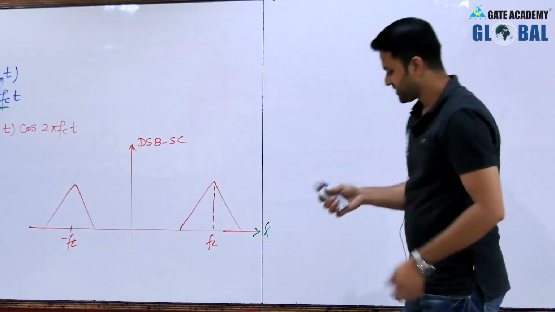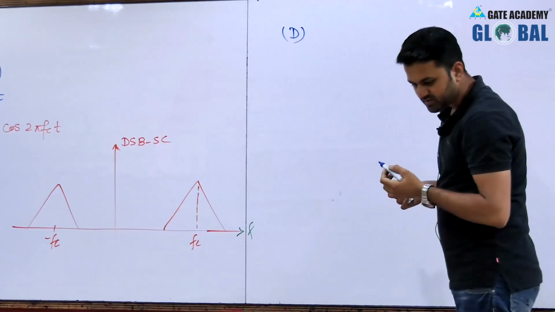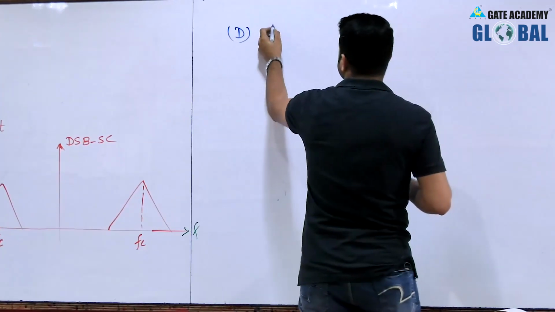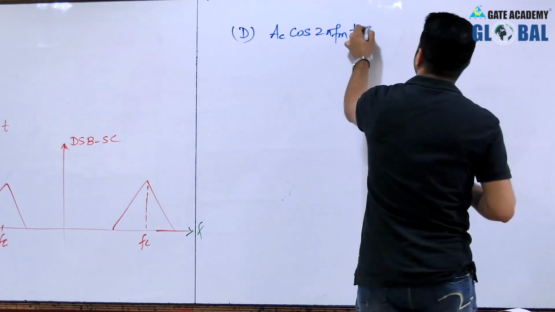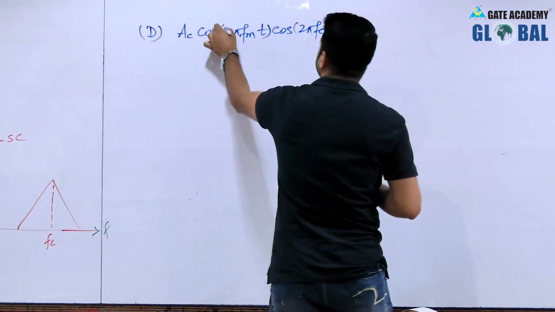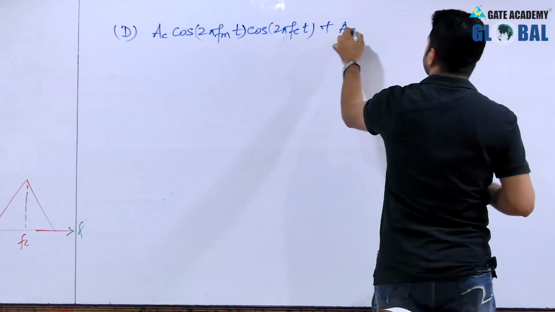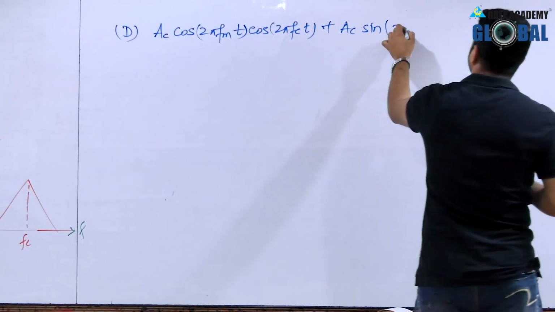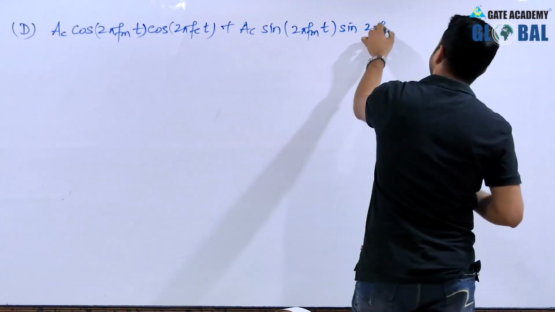Now if I consider option D, it is given as Ac cos 2 pi fmt and cos 2 pi fct plus Ac sin 2 pi fmt and sin 2 pi fct.